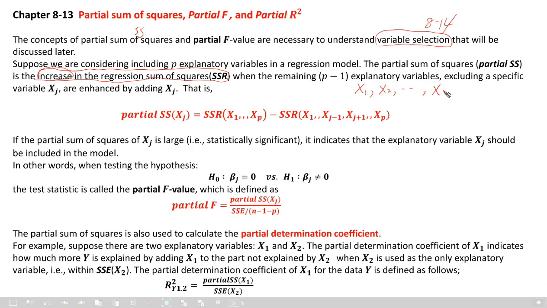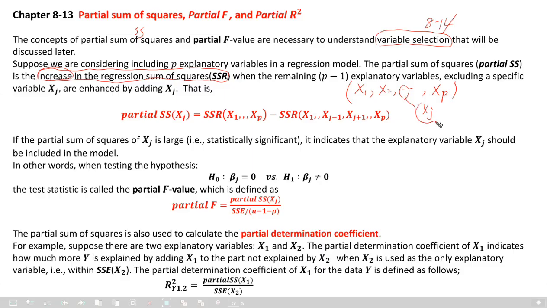So they are x1 up to xp, p many explanatory variables. You exclude one of them, just xj. Then there are the remaining p minus 1 explanatory variables in the model. You can get the regression sum of square, SSR, right?